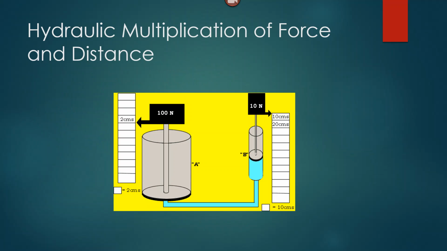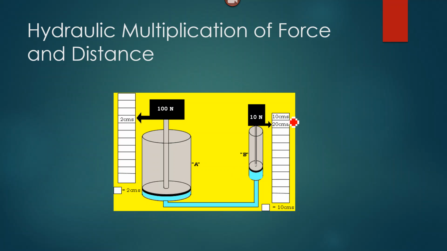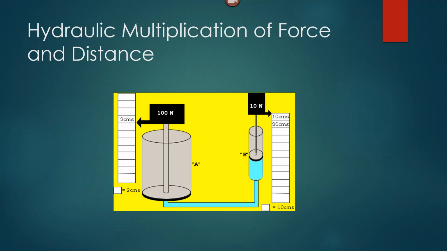So again, we're looking at cylinder B here powering cylinder A. If cylinder B moves 20 centimeters, then cylinder A is going to move 2 centimeters.